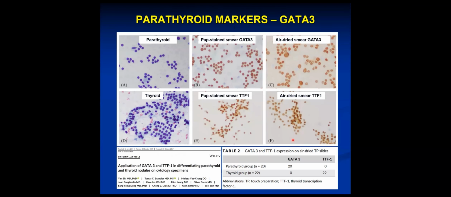In cytology, distinguishing between a parathyroid lesion, such as an intrathyroid parathyroid adenoma, versus a thyroid neoplastic lesion can be essential. In this scenario, we can employ two nuclear markers, GATA3 and TTF1, which are efficient for this purpose. You can see TTF1 is strongly positive on the smear slides for thyroid follicular cells, and GATA3 has good sensitivity for parathyroid cells.